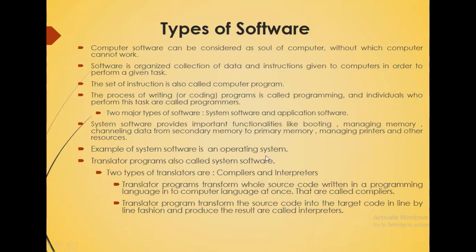An operating system is an example of system software. In the same way, for your mobile device, the system software is Android, and for Apple mobiles, it is iOS. Now, the translator we have discussed: a translator program transforms your source code into machine-readable code.